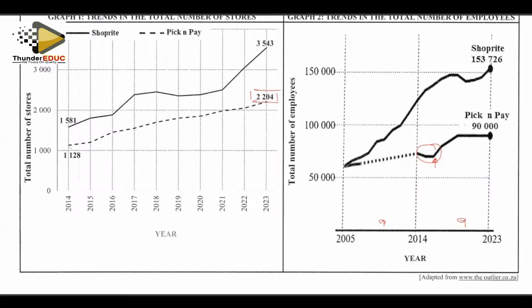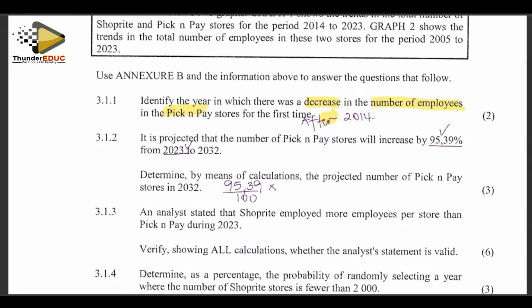So we need to know, we are looking at the projected number. So we shall bring here 2204. How many shops are those? That's what you're looking at, the projected number.